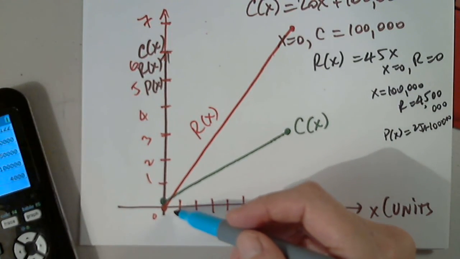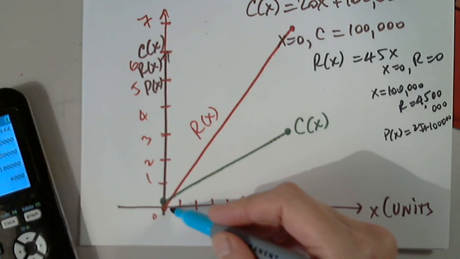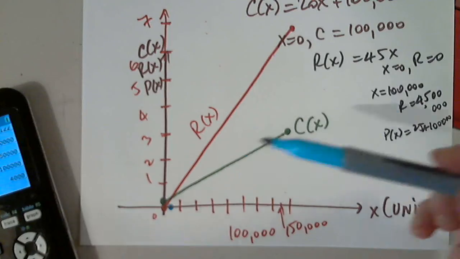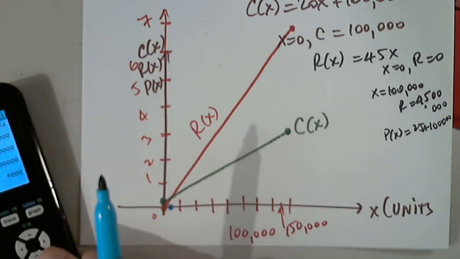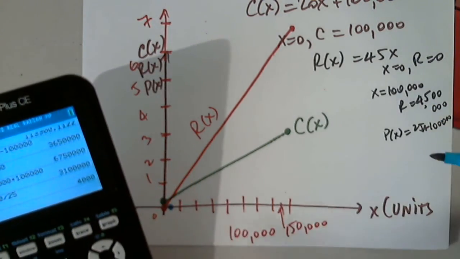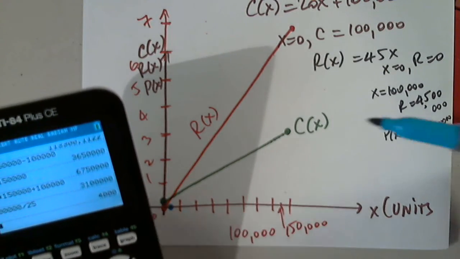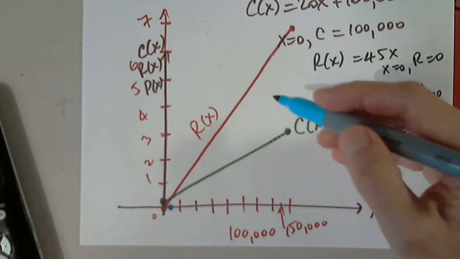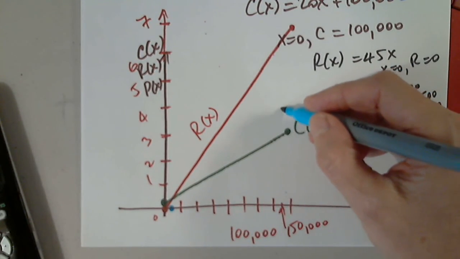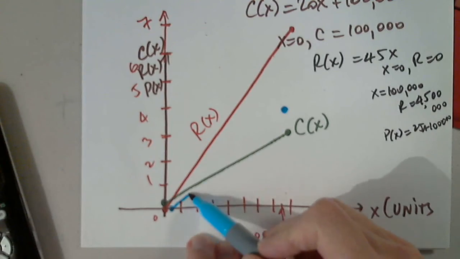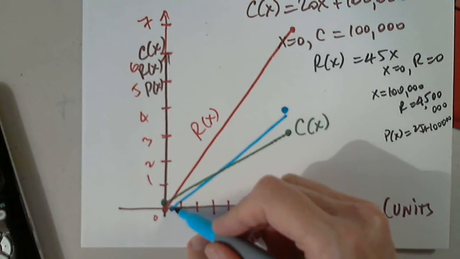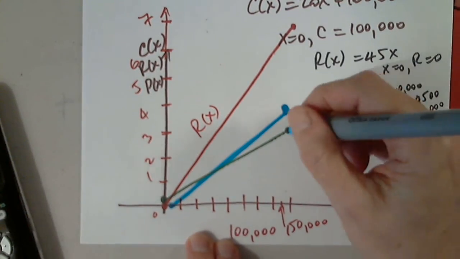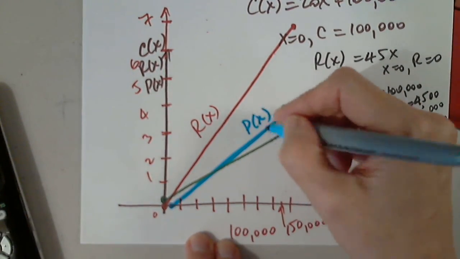So we had 20 here, so 4,000 somewhere here. Okay, and then when I plugged in the profit, I got 3.65 million, right here. Oops, I missed it a little bit, sorry. So this is in blue, and that is the profit.